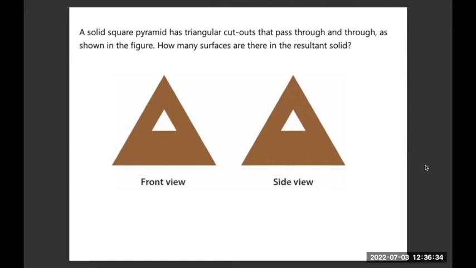Ananya, your answer is correct. Kavya, Vivan, Tanisha, Ananya Patel, you need to check your answers.